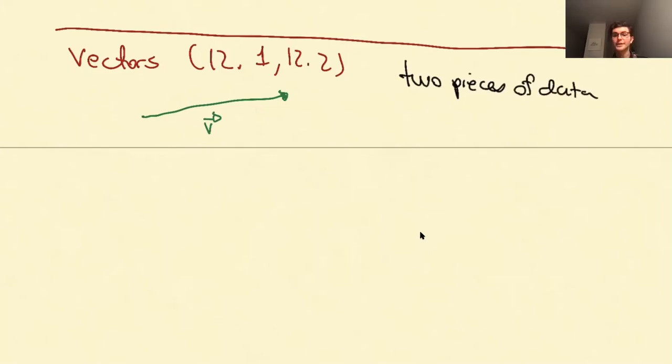One is the size, right? So arrows have length or size. So the first piece of data about a vector is its size or length, also known by the fancier names magnitude or norm.